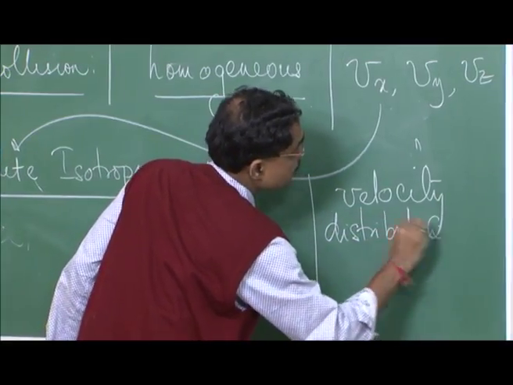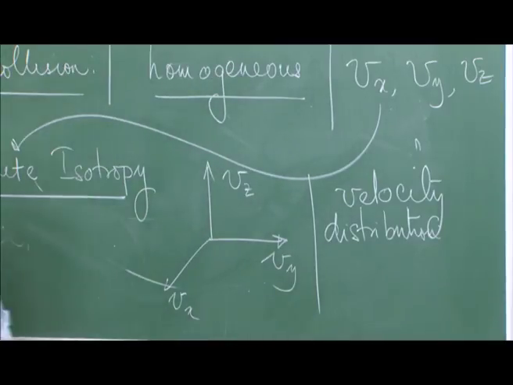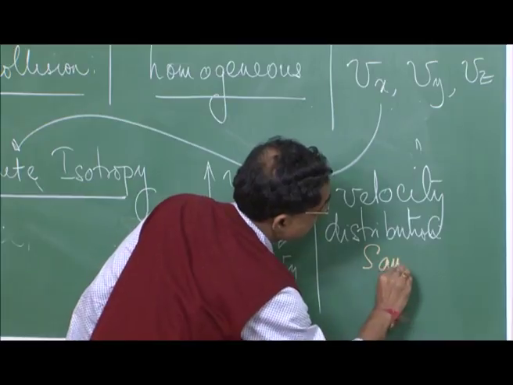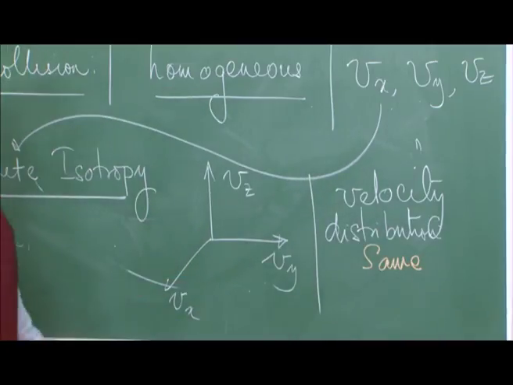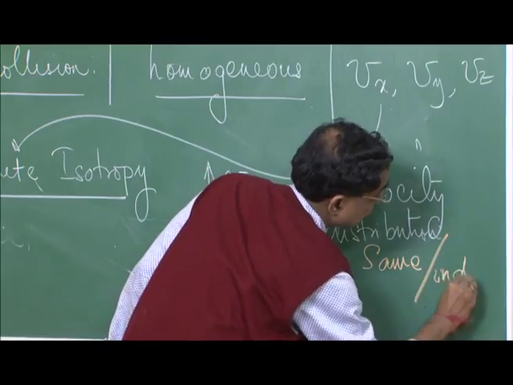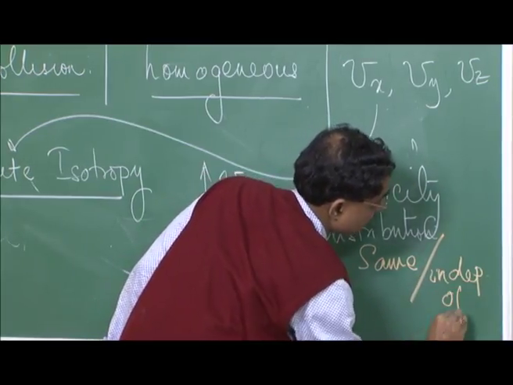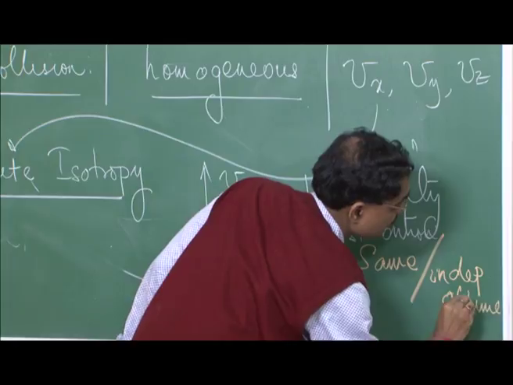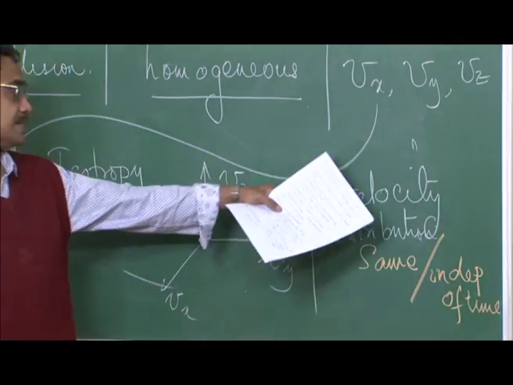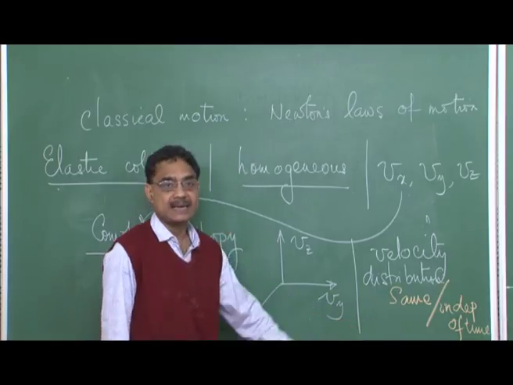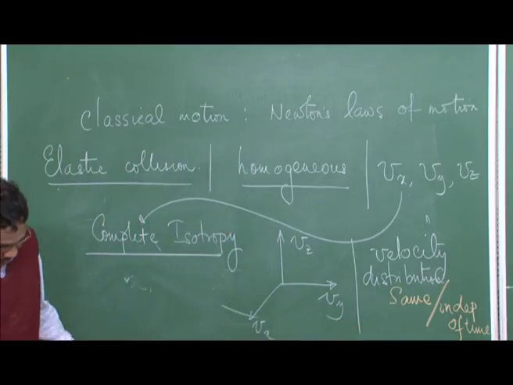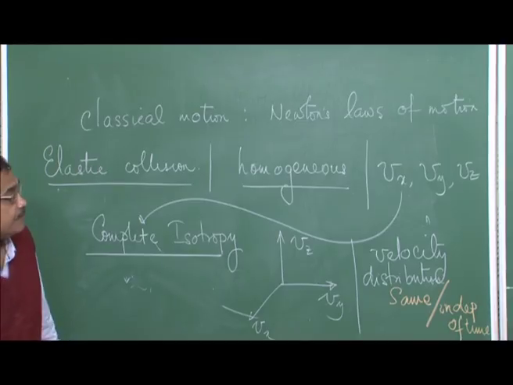An important point: that velocity distribution is the same, and as I am talking about equilibrium, it is independent of time. I told you my definition of equilibrium is that nothing depends on time. So it is the same everywhere, like I said density is the same everywhere, the distribution is also the same everywhere.